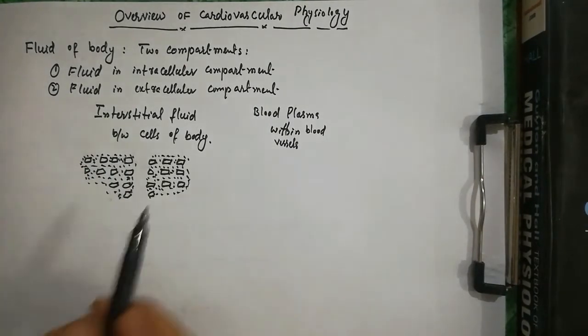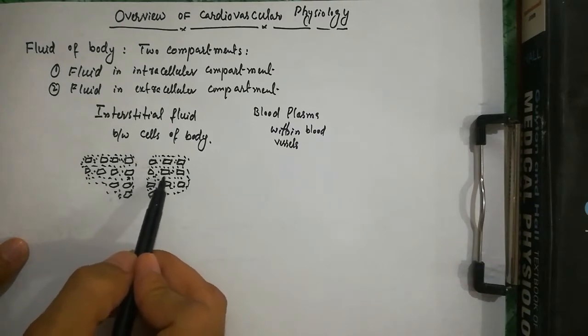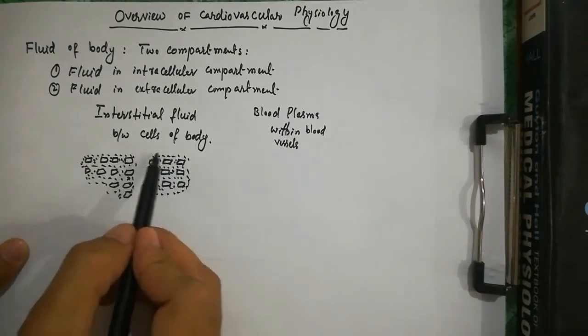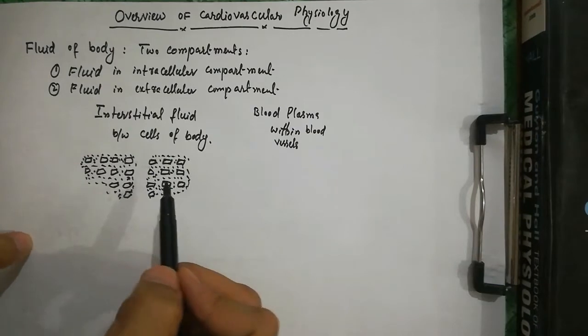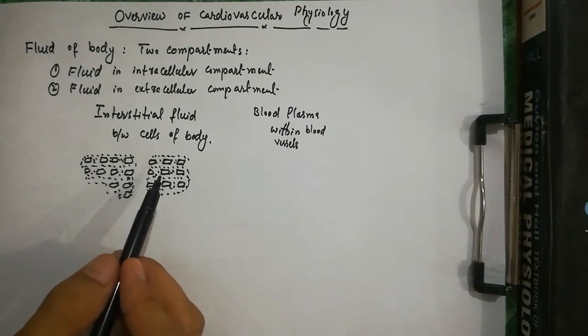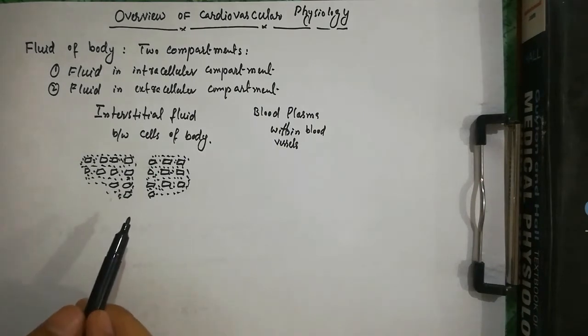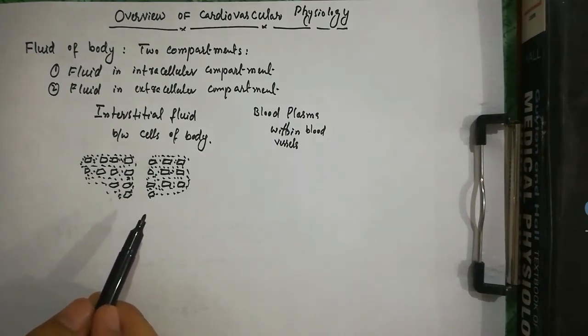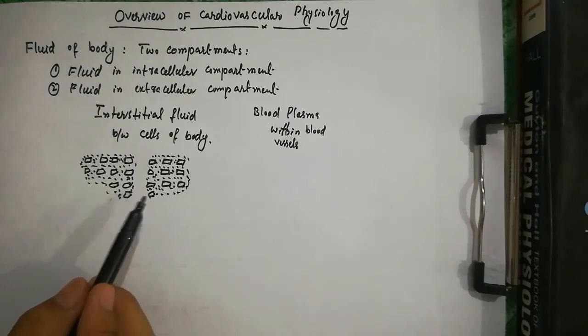These cells exist within this interstitial fluid, and for these cells to function properly, it is necessary that the composition of interstitial fluid should be normal.